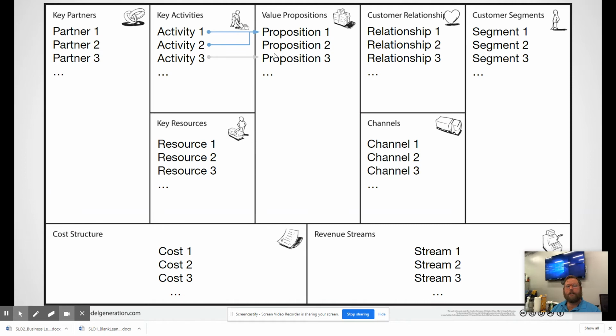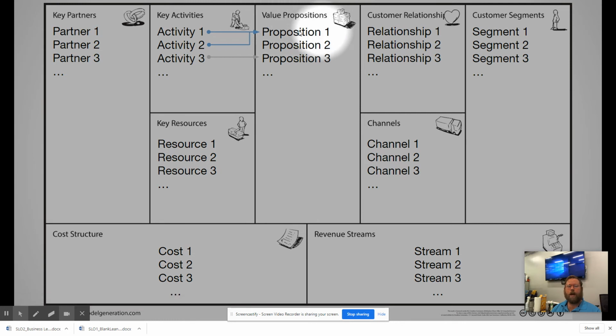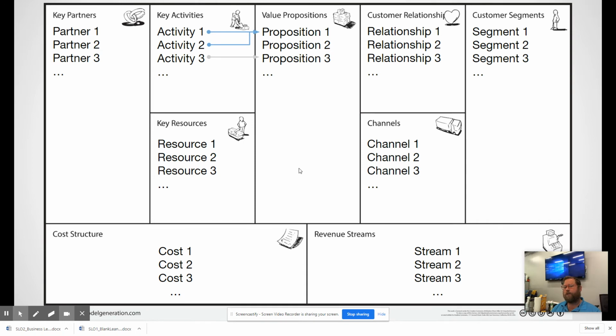Now, we see another connection between key activities and the propositions under the value propositions section. Those value propositions can be a lot of things, but they have to be something that's attractive to our customer segment. So very, very important, guys, that you're once again focusing on the interrelated nature of this.